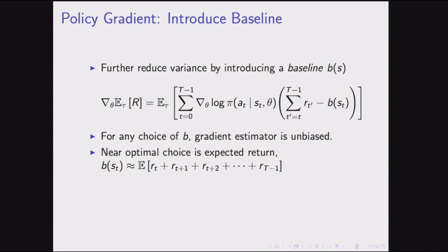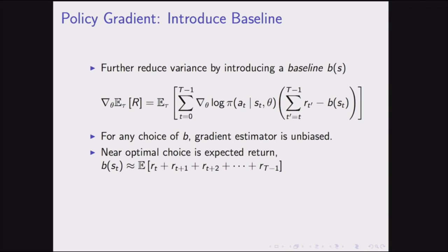A near optimal choice is to use the expected return, so the expected sum of future rewards. The interpretation is that if we took an action, we only want to increase the probability of the action if it was a good action. How do we tell if it was a good action?